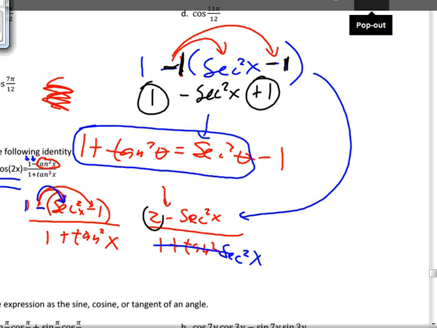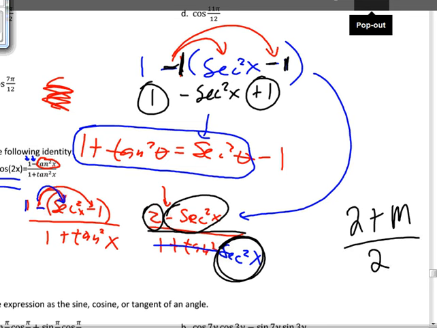This is 2 divided by secant squared and negative secant squared divided by secant squared. Sort of like if I had 2 plus m all over 2. Do you get that I could break that up into 2 over 2 plus m over 2? We can break this big fraction that's got a common denominator up into its 2 separate parts.